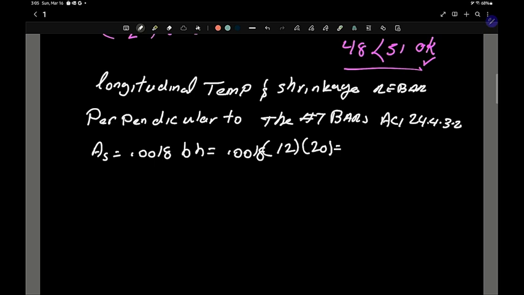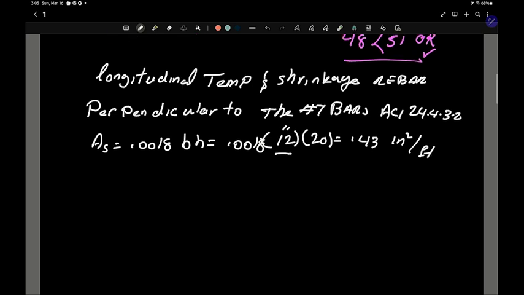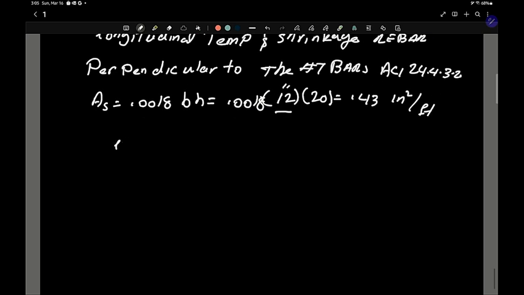You see in a lot of books, that's 0.18. A lot of books might use the entire length of the footing. We're just going to use the 12 inch for per 1 foot section, and that's equal to 0.43 inch square per 1 foot section. Keep that in mind. So we're going to say, okay, we're going to use number 5 at 8 inch spacing.